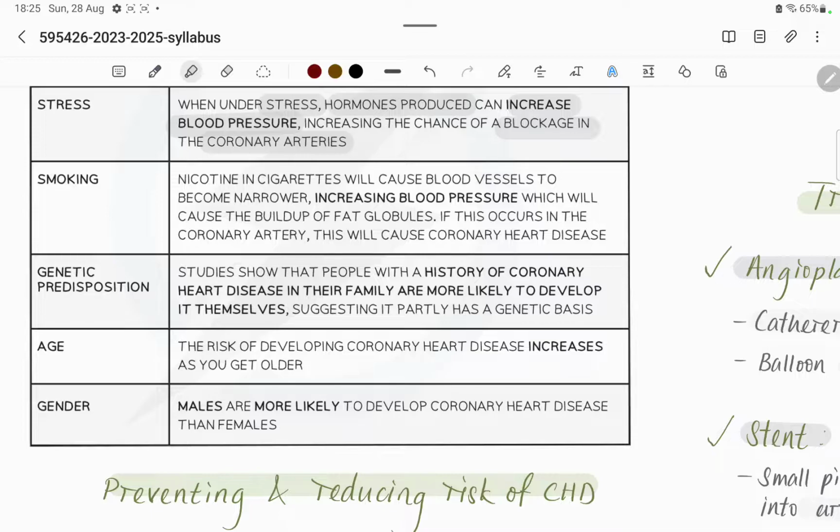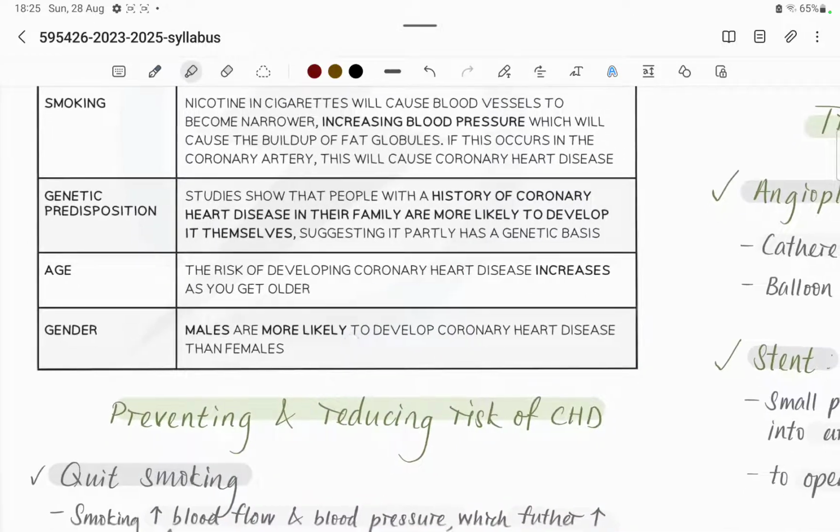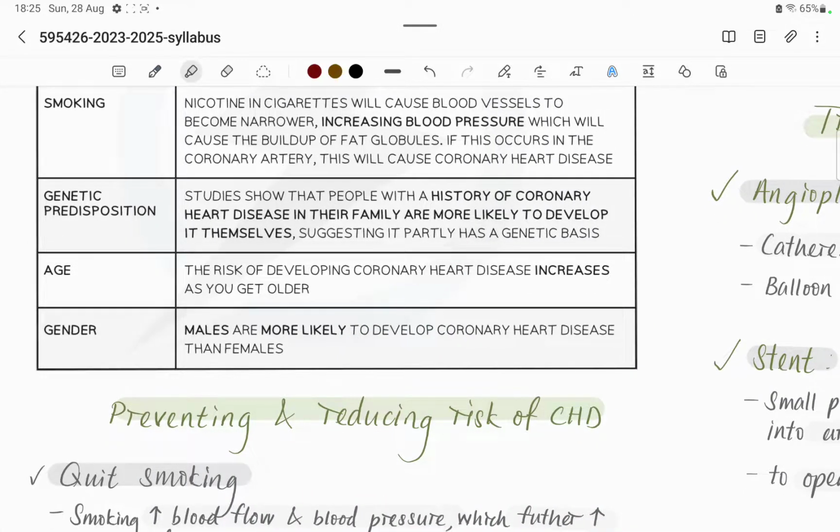Okay, genetic predisposition. This one is history of CHD in the family. So let's say, touch wood, if your parents have CHD, you will have a higher risk also. Age: risk of CHD will increase as you get older. Gender: males are more likely to get CHD.